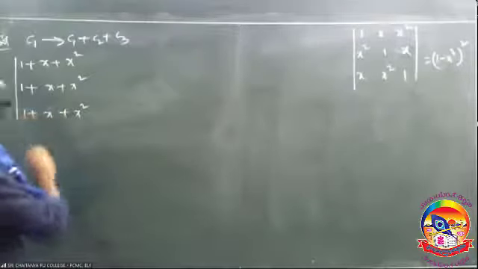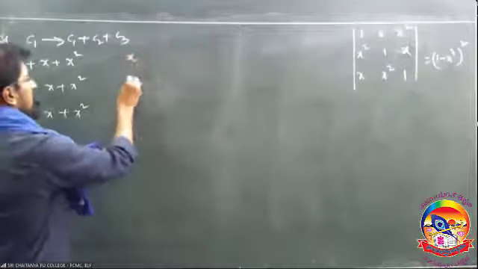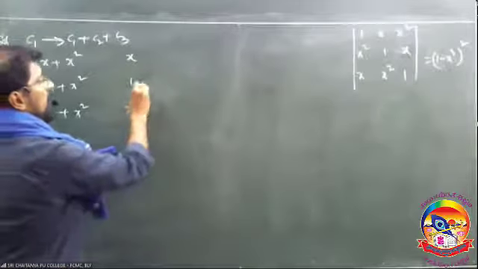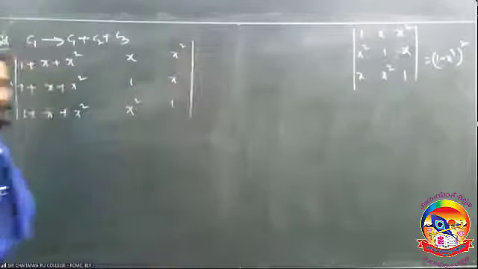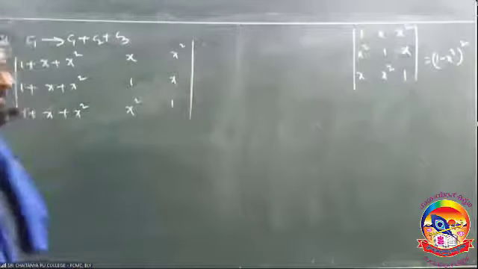Square, am I right? And here it is x, it is 1, and it is x square, and x square, x, 1. Okay, I hope you understood this step.